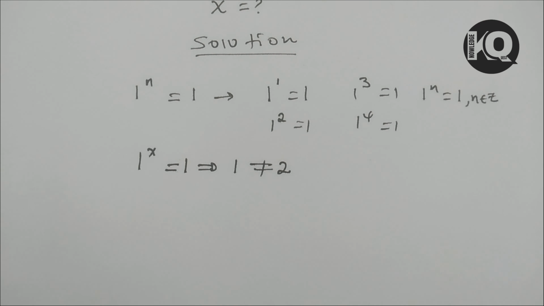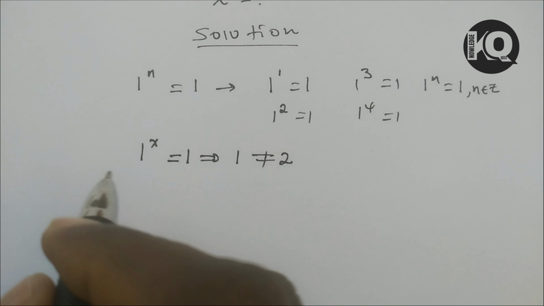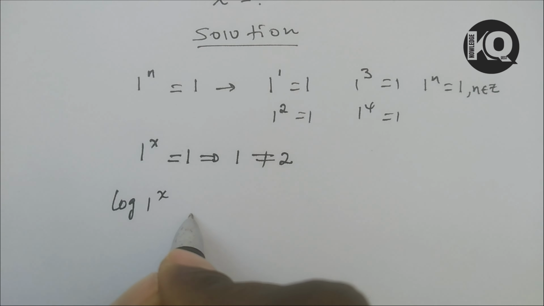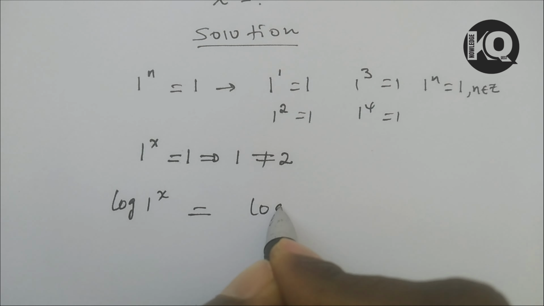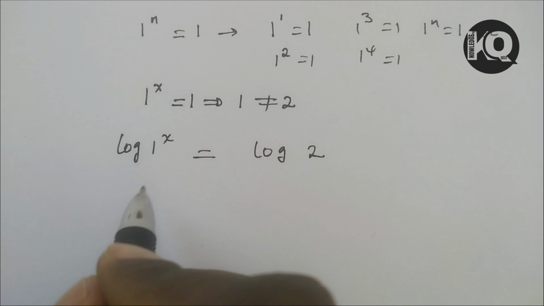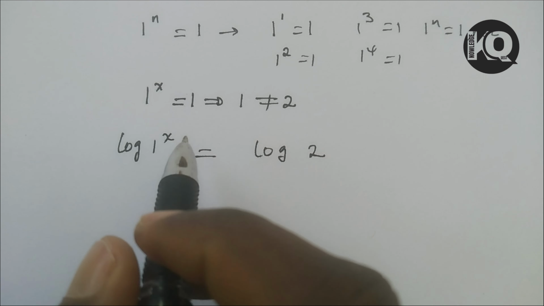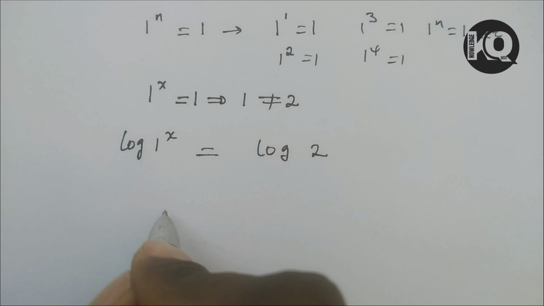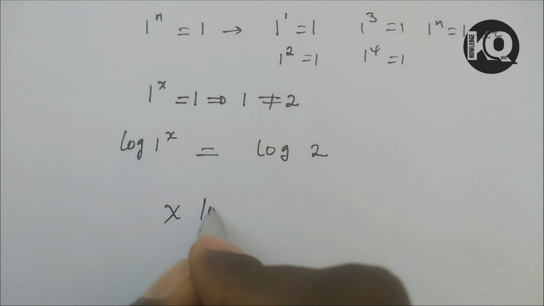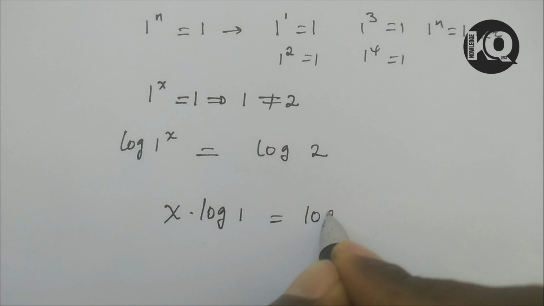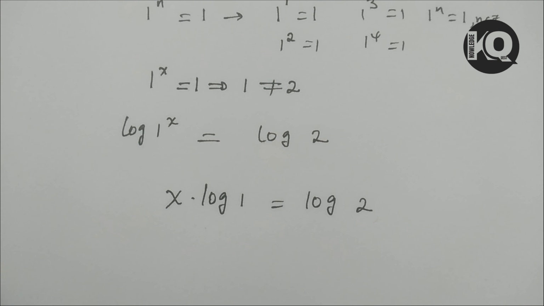And then let's introduce logarithm. Applying logarithm on both sides, log of 1 to the power of x is equal to log of 2. According to the rule of logarithm, this exponent will come to the front, so it will be x times log of 1, which is equal to log of 2.